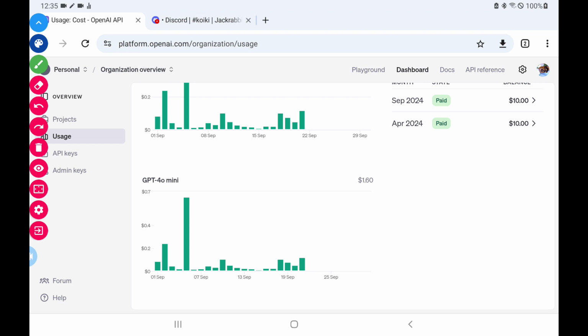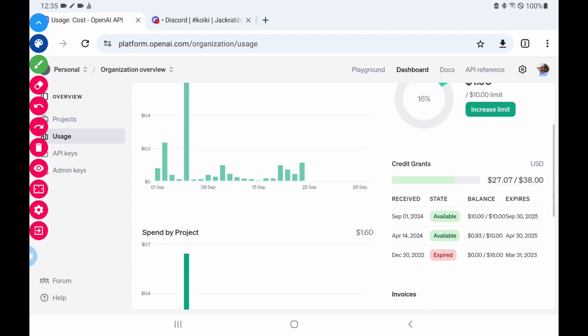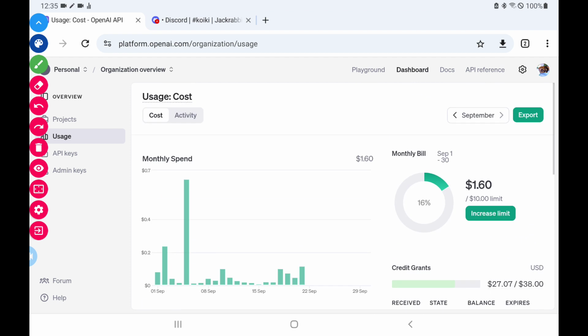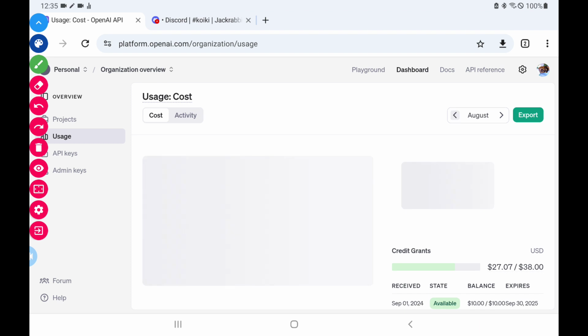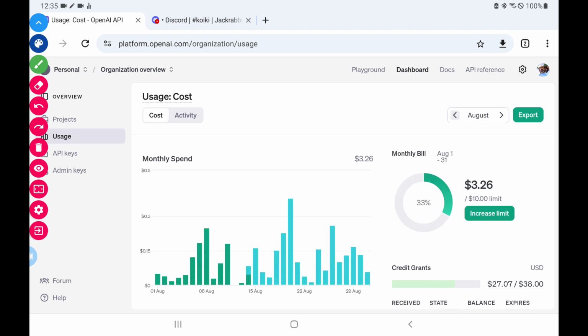That is important. That is a direct and deliberate consideration. Thanks to OpenAI's billing system, we can even go back and look at previous months and see what we used and what models we used.